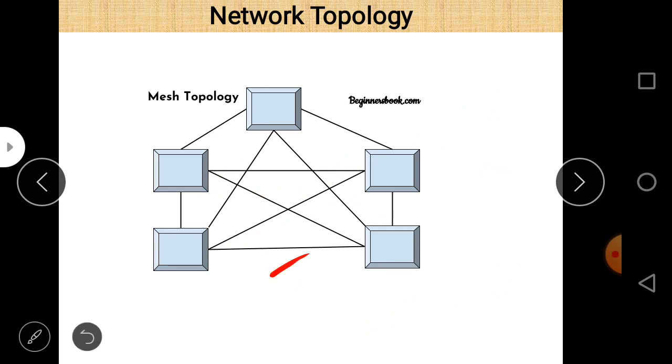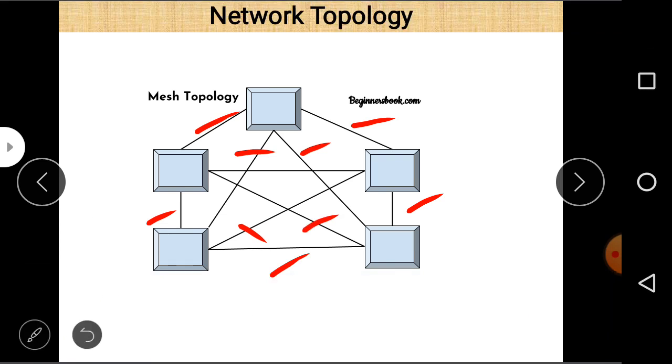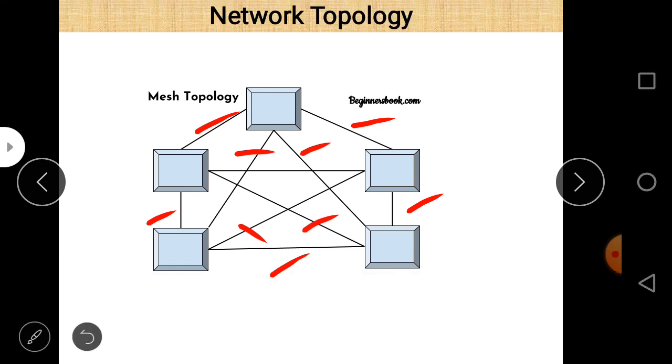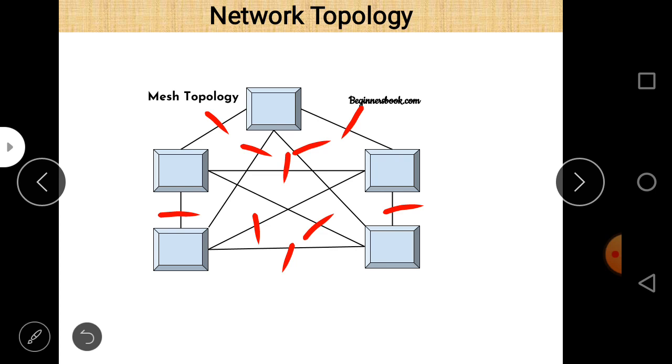Let us count: 1, 2, 3, 4, 5, 6, 7, 8, 9, and 10. I think all devices, all lines are covered. Total 10 lines are there. You can find out by crossing it.